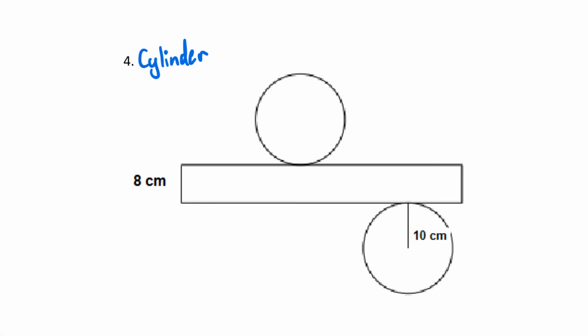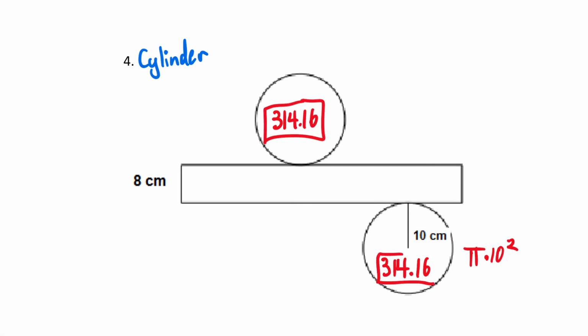So how do I find the area of this circle? Pi r squared. Pi times 10 squared. Which is what? So that's the area of the 2 circular bases.